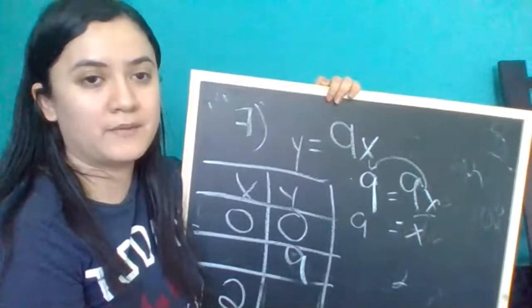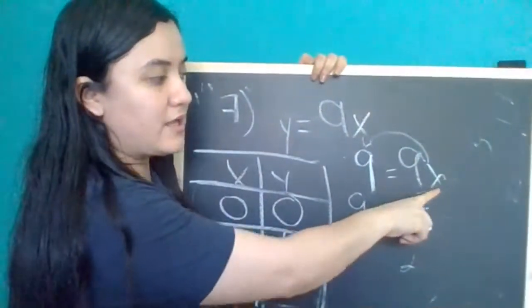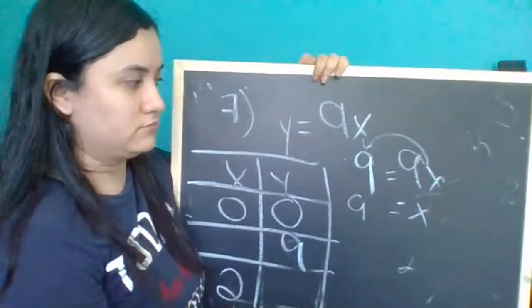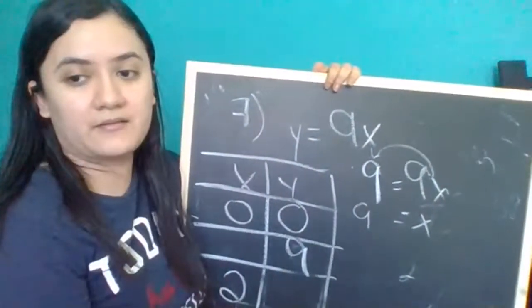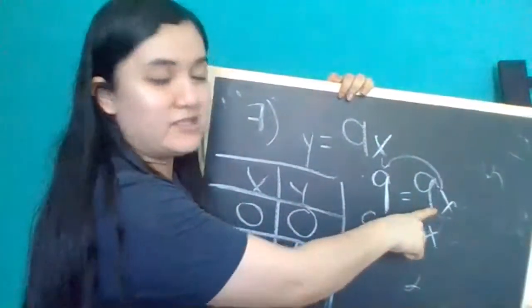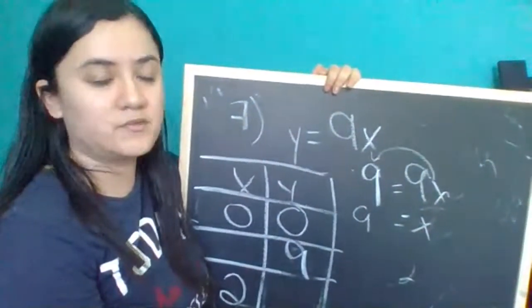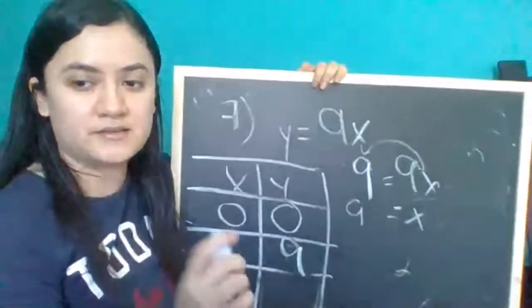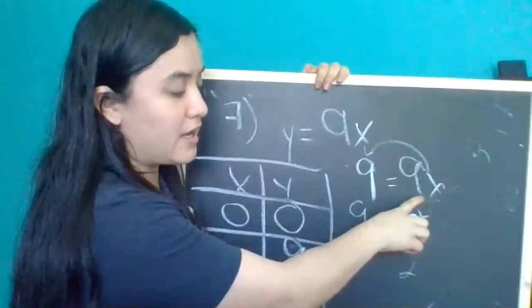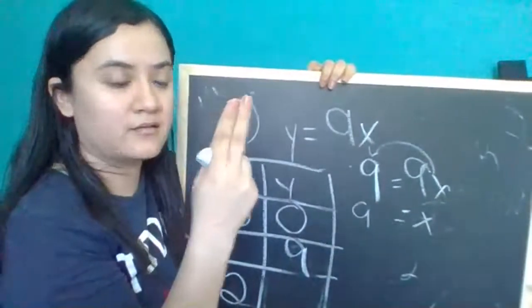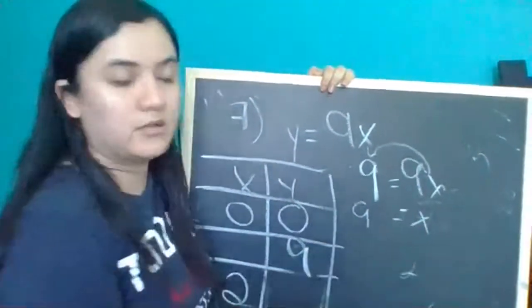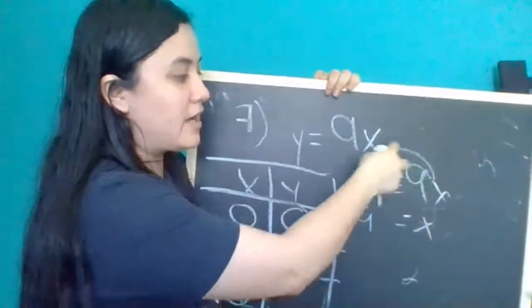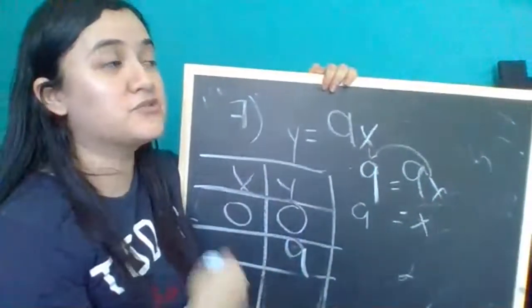No, no. Here the 9 and x are multiplying. I need to leave the x alone. So that means that the 9 is going to pass to the other side to do the opposite.